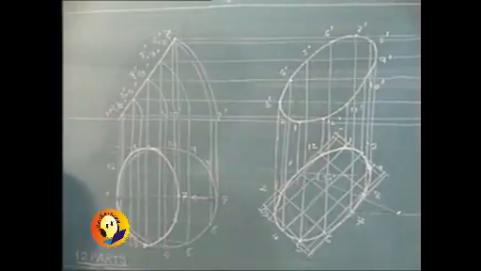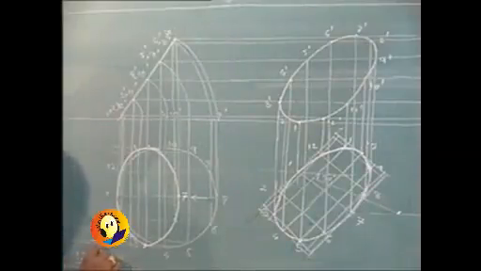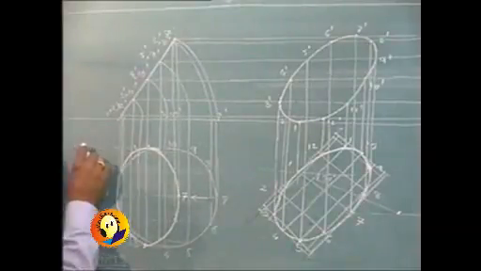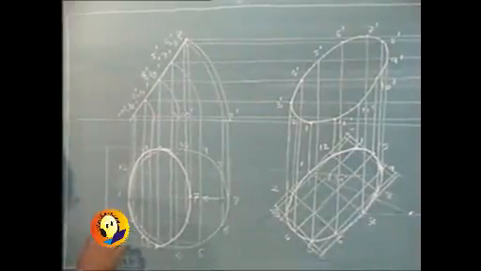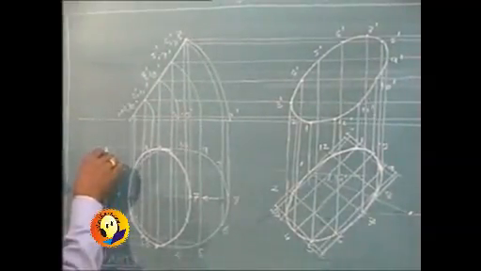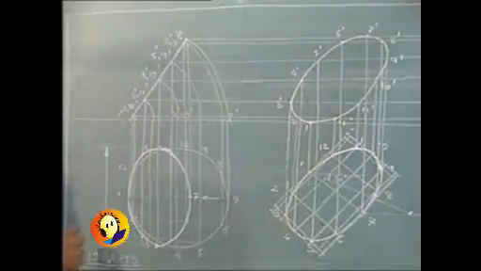We don't have to name the views as front view and top view. Diameter is the only dimension which is to be shown. And that diameter is given to us as 60.